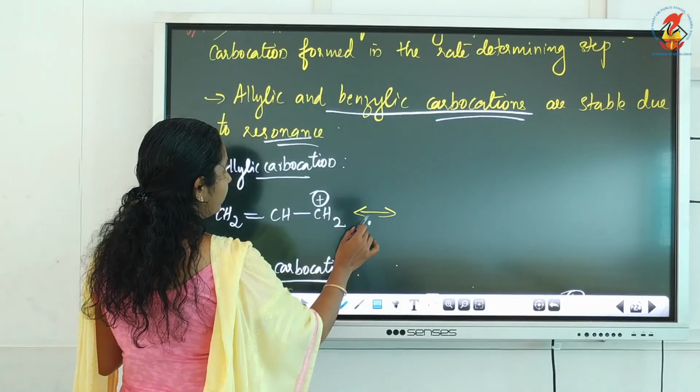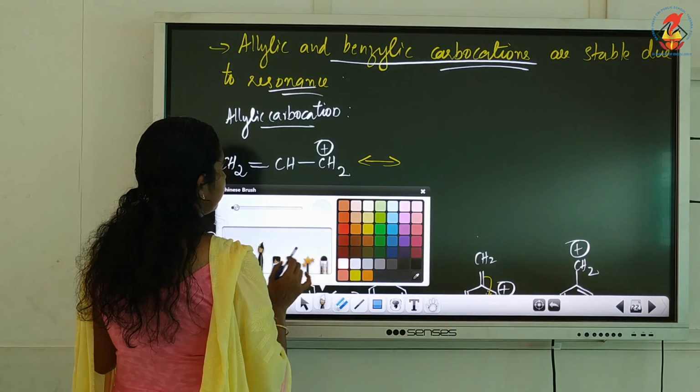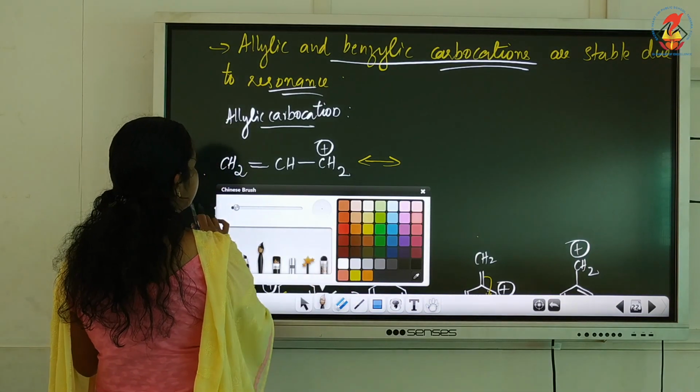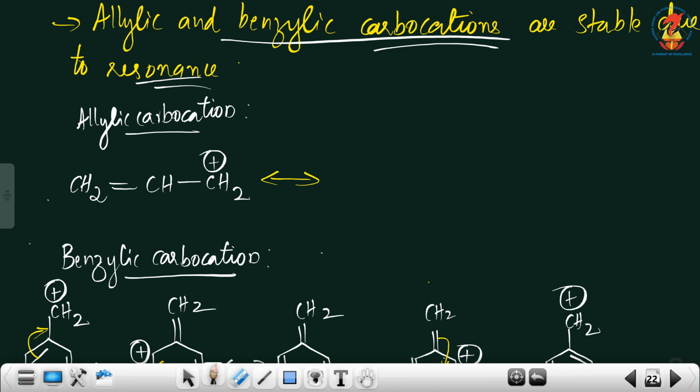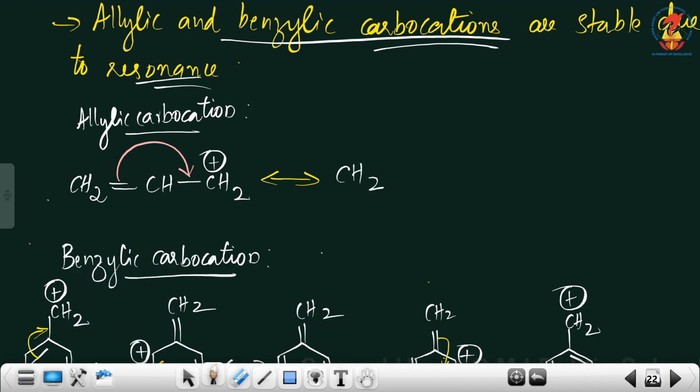So, how can we draw the resonance in allylic and benzylic carbocations? Here, this is an allylic carbocation. In the next step, the double bond will shift to here. CH2 will get a positive sign, the double bond will become single, the CH single bond will become double, and the positive charge will be neutralized.